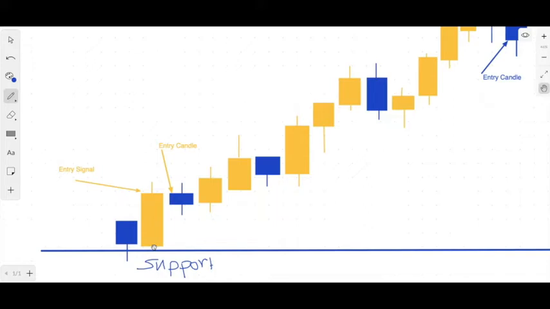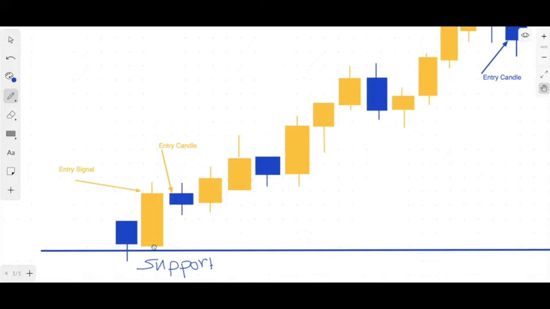Now, what happens is the entry signal is the actual price action signal, right? So if you have your engulfing candles, if you have your inside candles, if you have your dojis, your piercing patterns, these are all signals that we're looking for at support or at resistance to say, okay, well, the dynamic of this market is changing, and we are looking to take this market in a different direction.